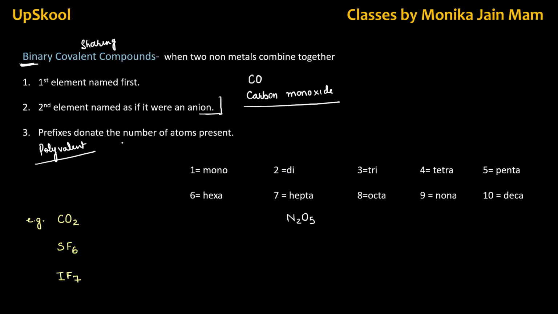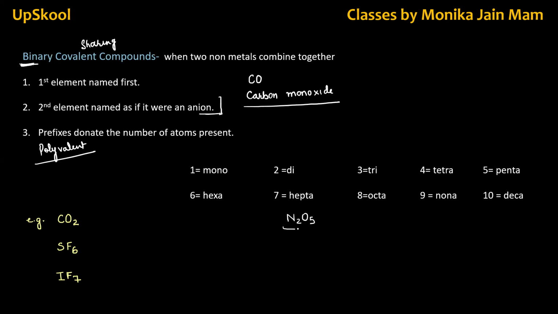If these are polyvalent covalent compounds, in that case the same is there. First element named first, second element named as if it is an anion, but in between we will use these prefixes to denote number of atoms. Mono 1, 2 di, 3 tri, 4 tetra, 5 penta, 6 hexa, 7 hepta, 8 octa, and so on.